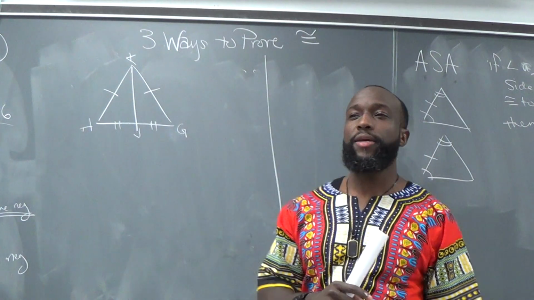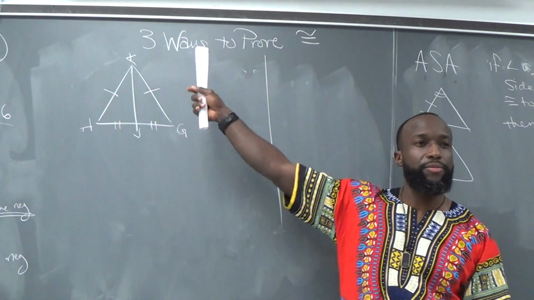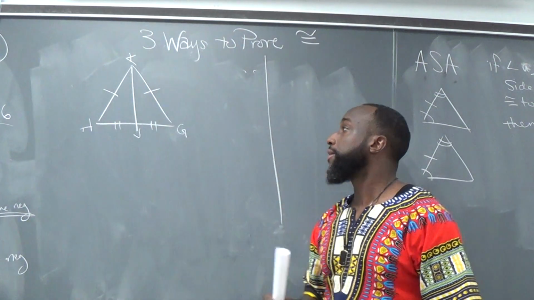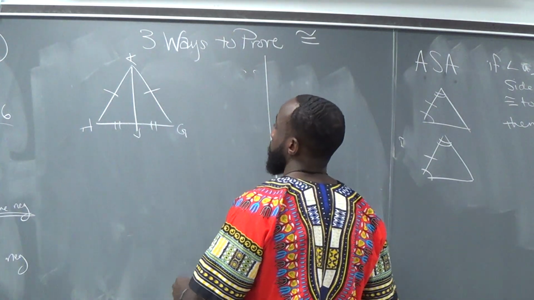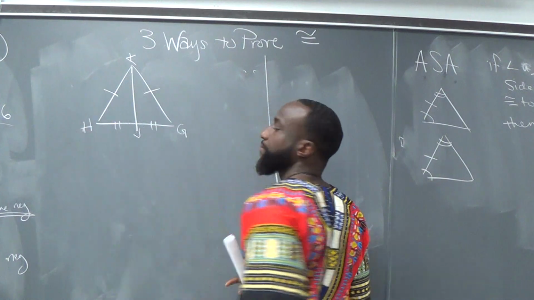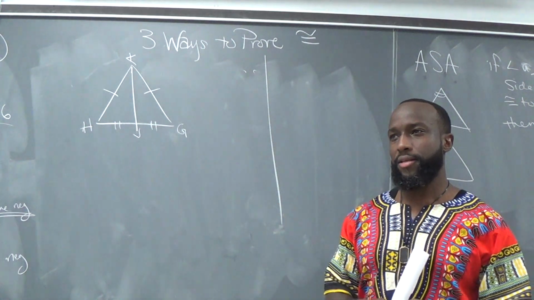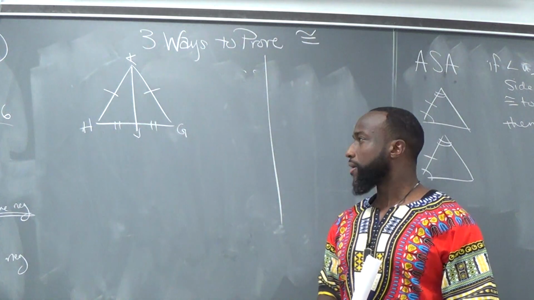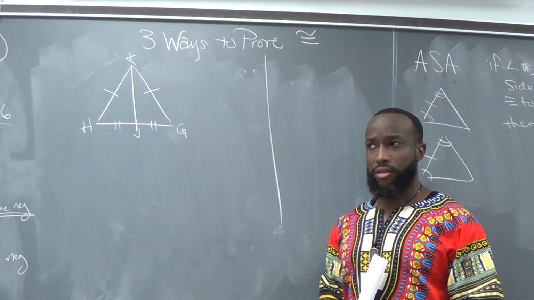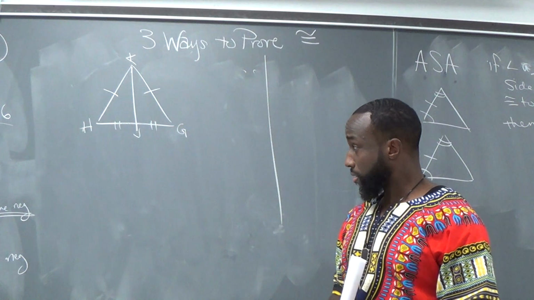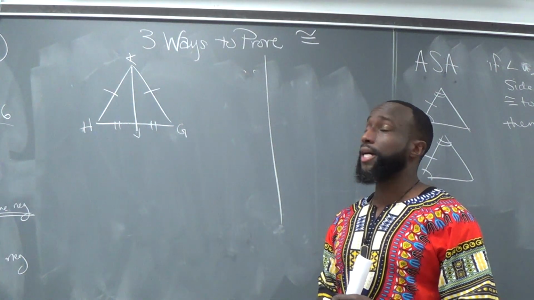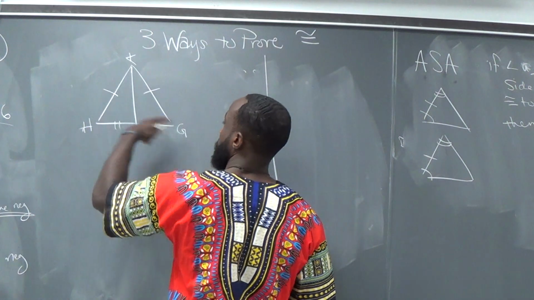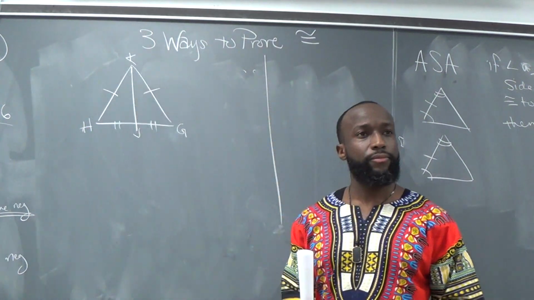I need somebody to give me a pair of given information in this diagram. What's given? Yeah, Ty. H is congruent to G? Is that given? Did you see that? KH is congruent to KG. How do you know?